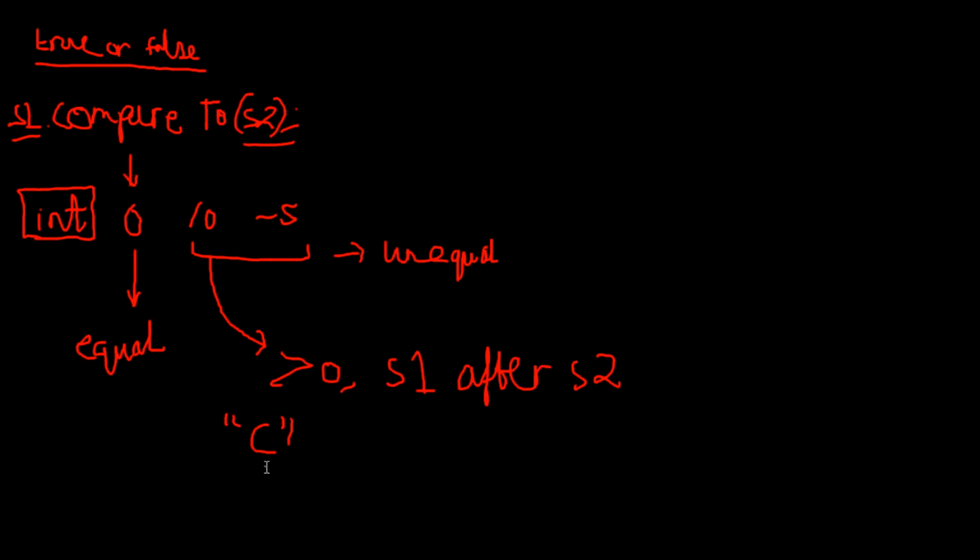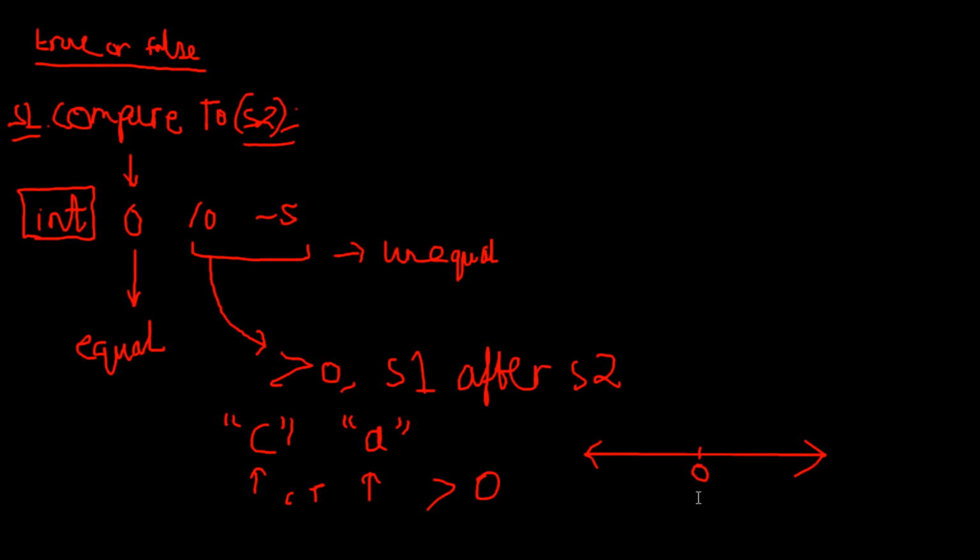That would be a string then. So you have a string that is C and a string that has a value A. If you do this string dot compare to, I'm just writing CT, this string, then it's going to give you a value more than 0 because s1 comes after s2. If you want a way to remember this, then you can just make a sort of number line, mark out 0, and just underneath the 0 put in s2.